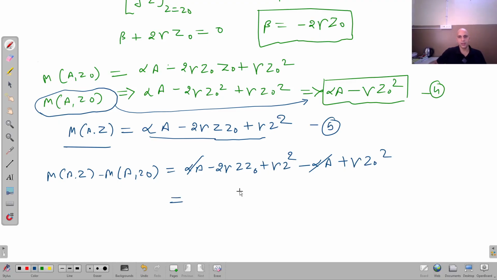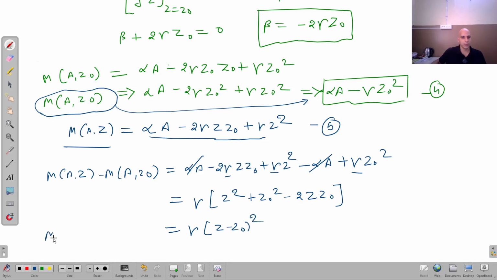so I can take gamma common. So gamma into Z square plus Z naught square minus 2 Z Z naught. So what is it? It is gamma into (Z minus Z naught) square. This is M A Z minus M A Z naught.